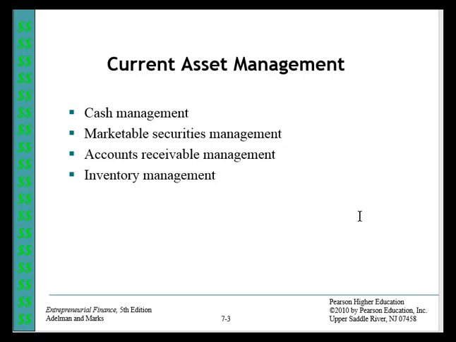So what are, again, the primary assets that we're talking about? Managing cash, marketable securities, accounts receivable, and inventory management. We've looked at different ratios with respect to these, so we have an understanding.